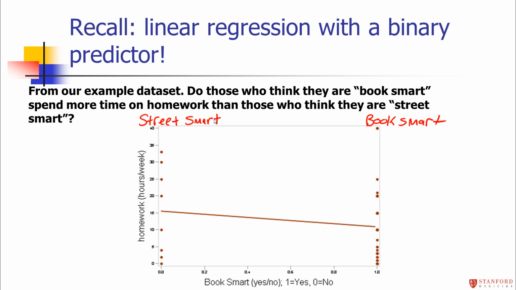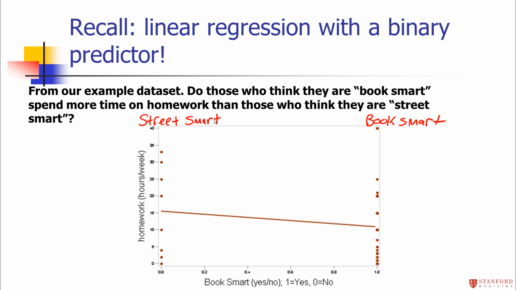So we could look at this question in this data set with a linear regression, or even a t-test, which of course is a special case of a linear regression. This is cross-sectional data, however. So I've happened to pick, just for the purposes of illustration for this slide, book smart as the x variable, the predictor, and homework as the outcome variable.